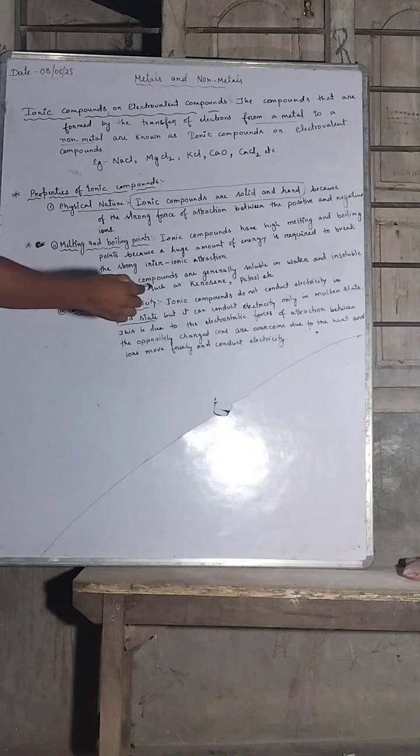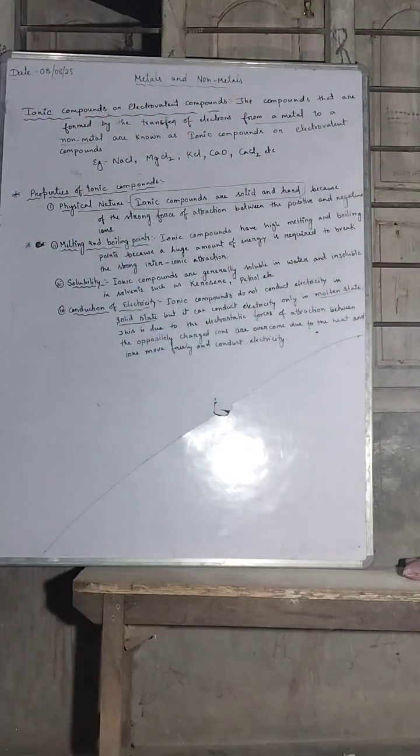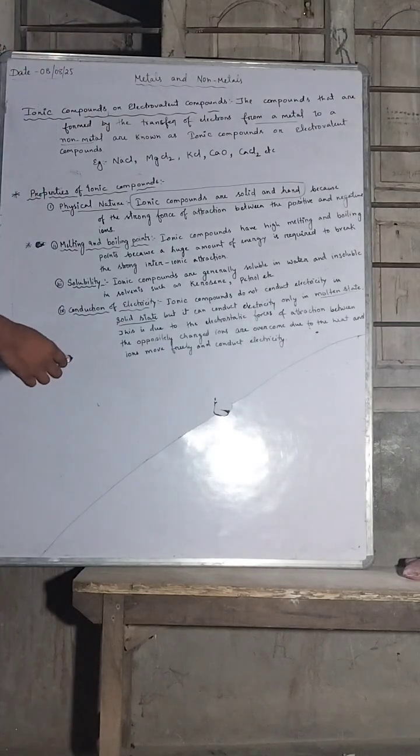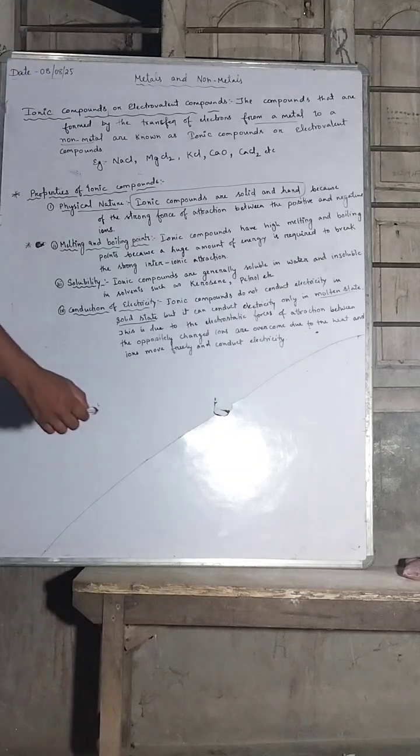So what is the molten state? The molten state is the liquid state. When we heat a solid and it becomes liquid, that liquid state is known as the molten state. So ionic compounds conduct electricity only in the molten state.